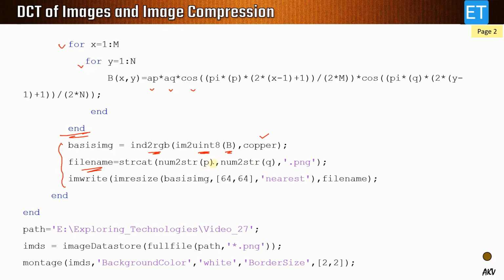Okay, so you will get the images like 00.png when both P and Q are 0, and the next will be 01.png and so on. And then I am writing all those images in 64 by 64. The original image size is 8 by 8, so it is very small to display.